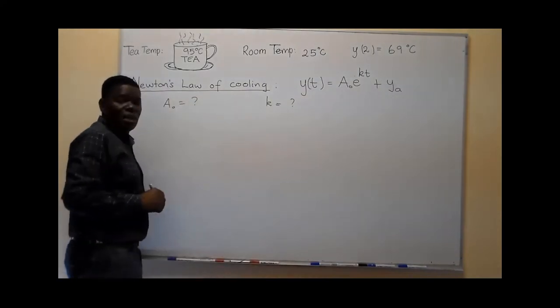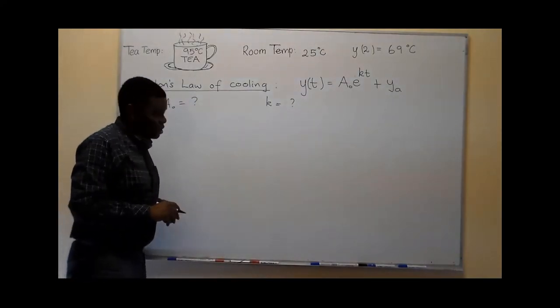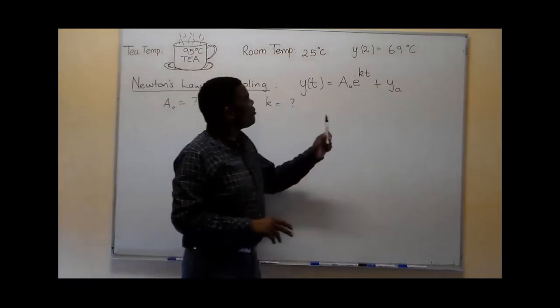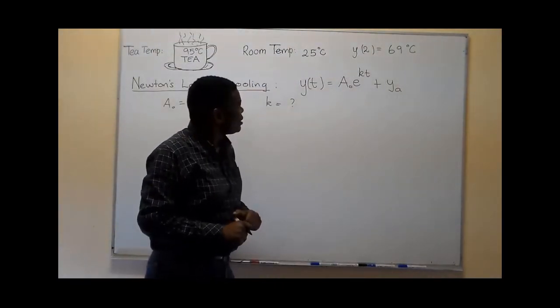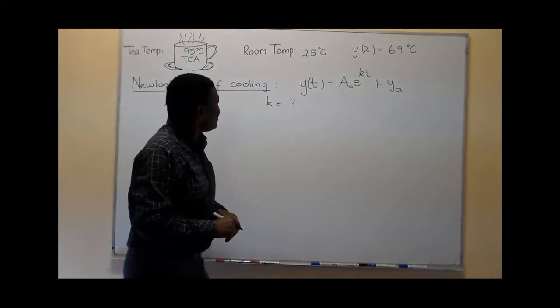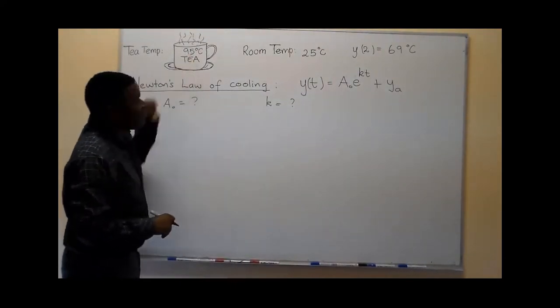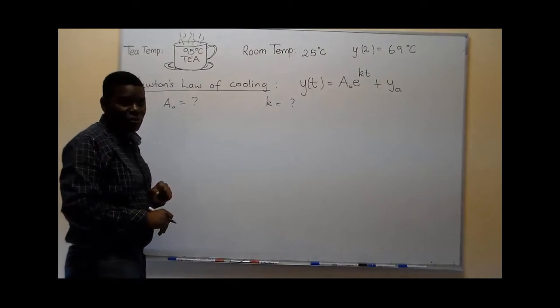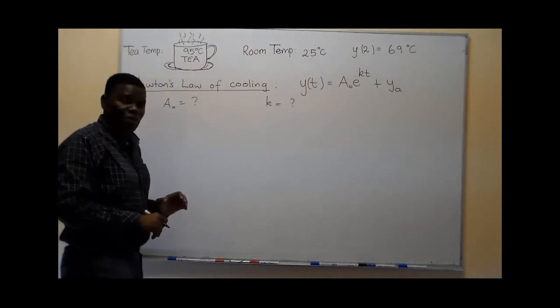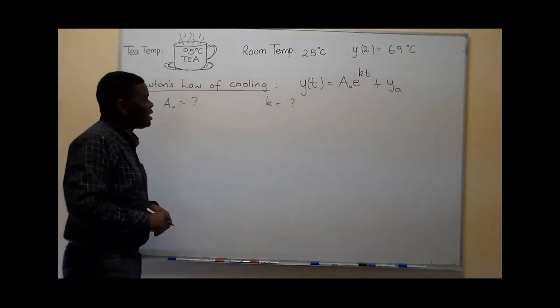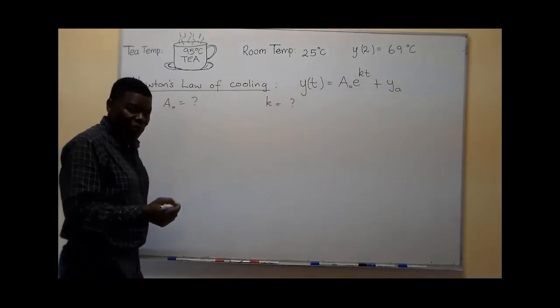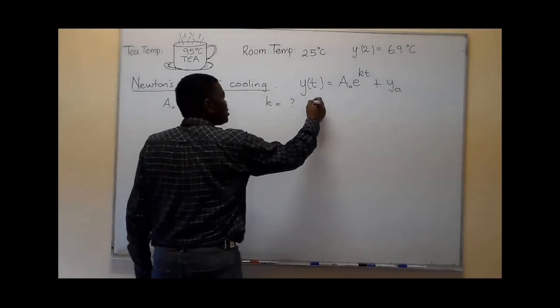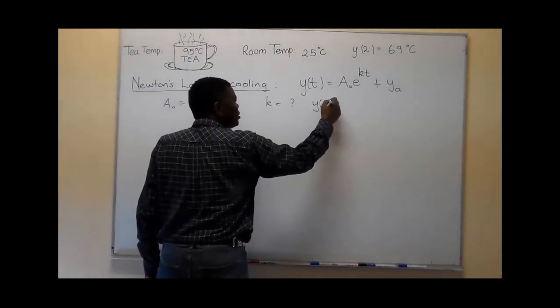So those are the parameters you need to determine, since you were given already that the ambient temperature is 25 degrees. And in this case, our 95 degrees, which is the temperature of the tea, is actually our initial temperature that will give us the initial value of the function, which is y at 0.